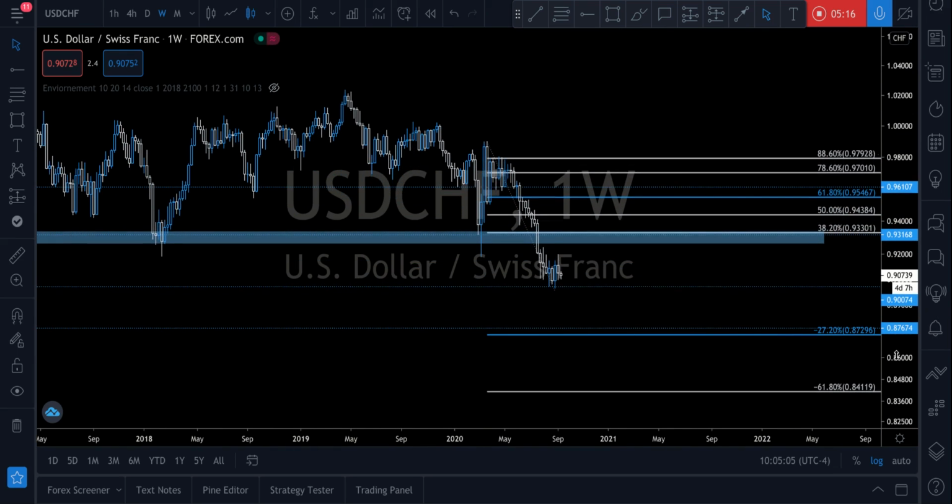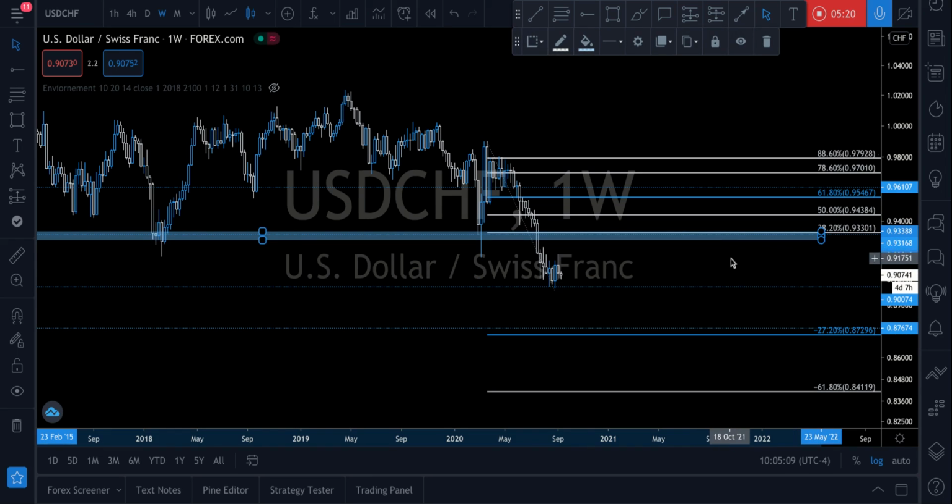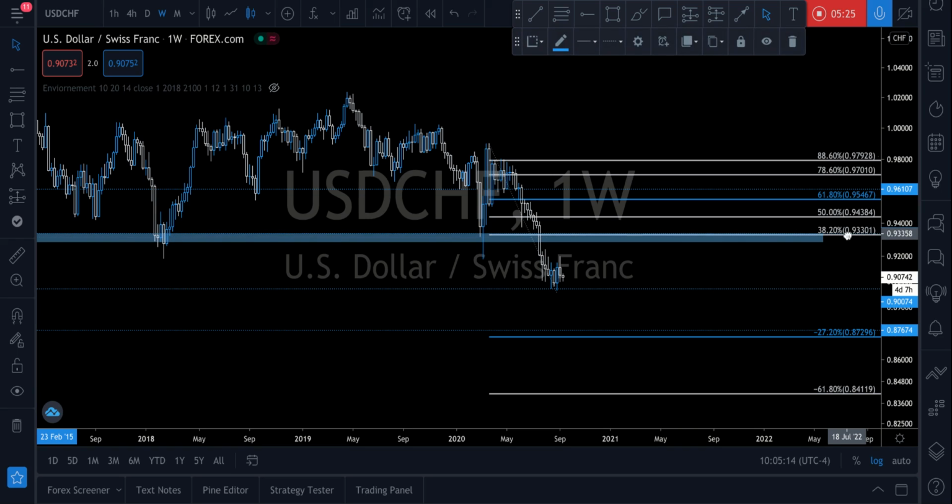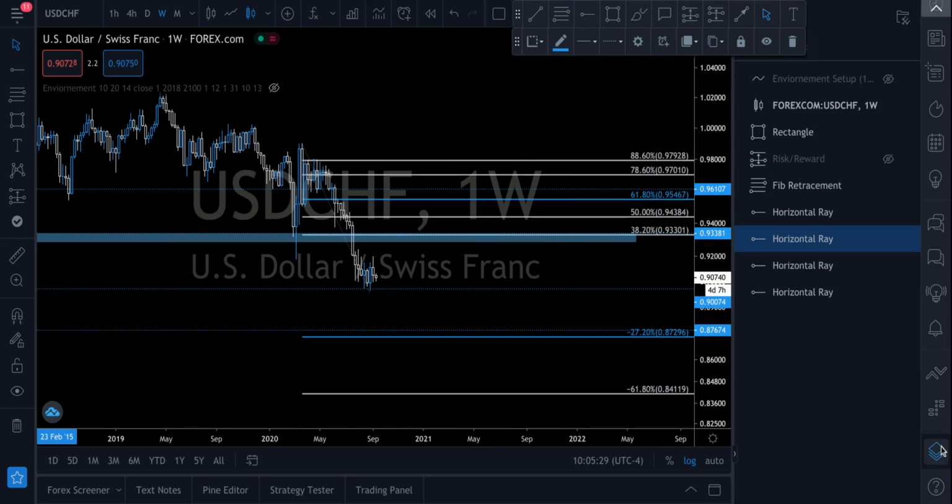So this area is in fact an area of critical structure for us, and that's why we want to take it seriously whenever we're navigating this trade. So this would be a potential area that we'd be looking for shorts. Now, short-term traders, we have several different options. We can trade right here, like I had showed you guys.